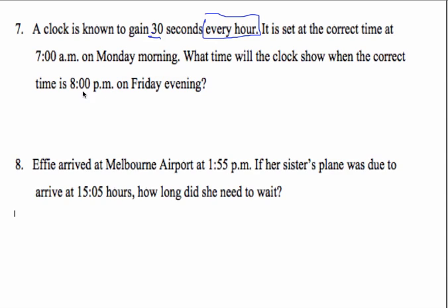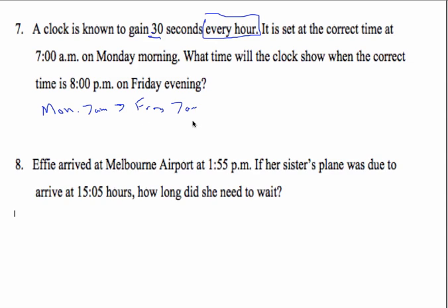Okay, so from Monday 7 a.m. to Friday 7 a.m. Well, from Monday to Tuesday is 1 day, to Wednesday is 2 days, Thursday 3 days, Friday 4 days.